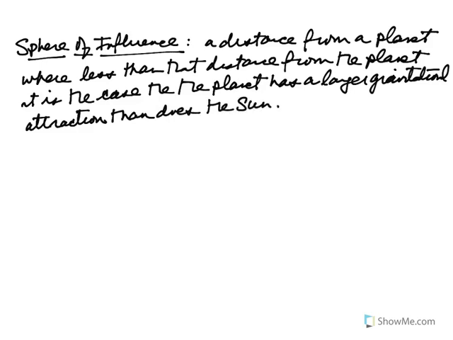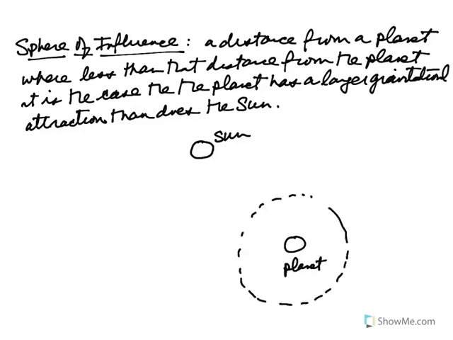So we can think of it this way: if I have the sun in a diagram, here's the sun, and here's a planet. There's a planet out here. And the planet, of course, moves relative to the sun. There is a radius around this planet, the distance away from the planet, where inside that distance, we're going to call that the sphere of influence, R SOI.